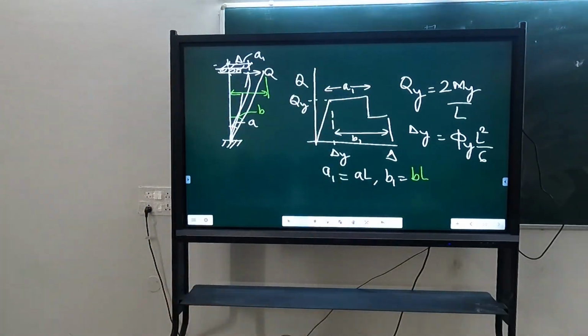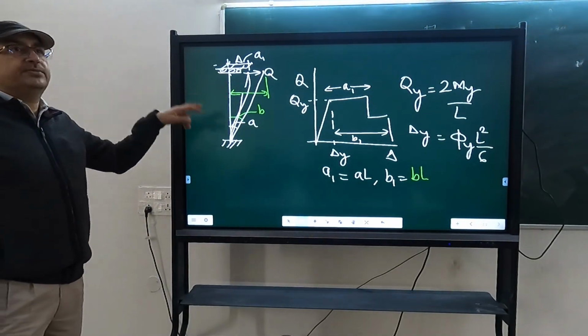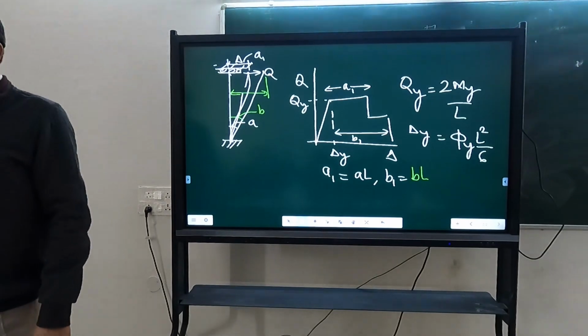B times L. Simple geometry. Analysis we have done only of a section, or we have done testing of a cantilever column or cantilever beam. Using that, we can get the load displacement behavior of this beam.